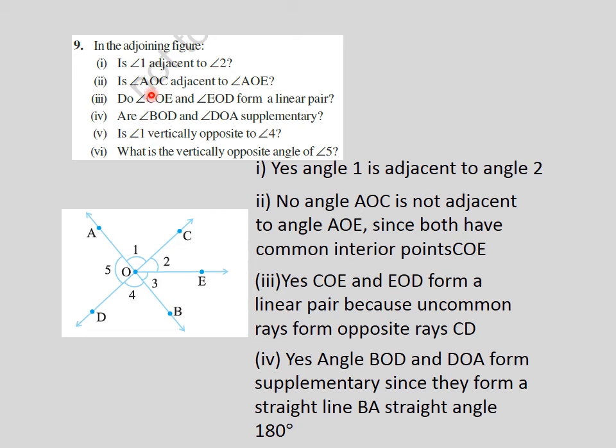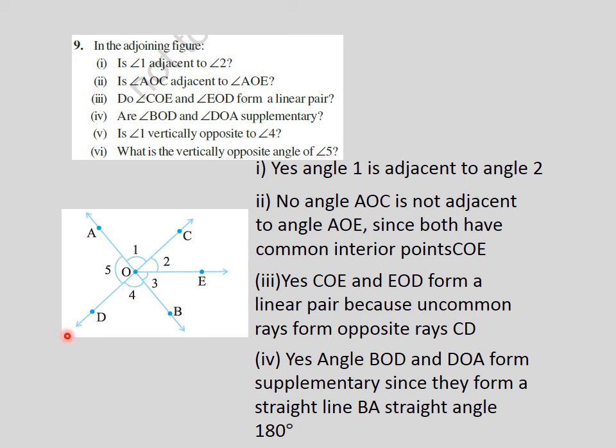Okay. Now angle COE and angle EOD form a linear pair. Is that so? Angle COE, angle EOD. What are you getting here? You have opposite rays.